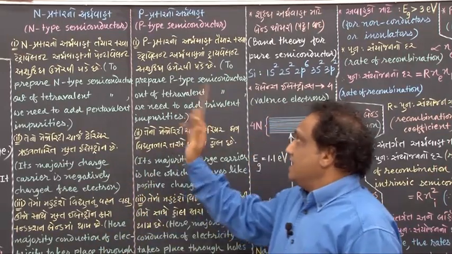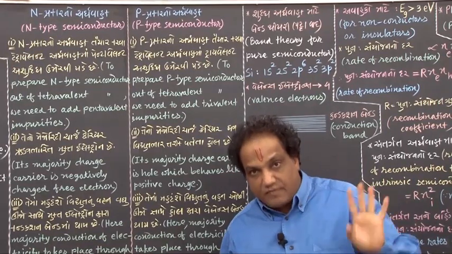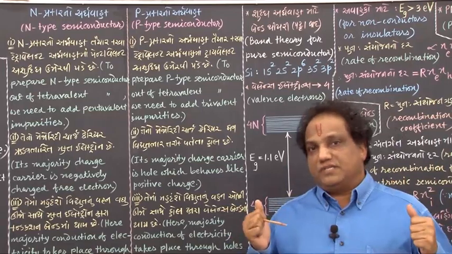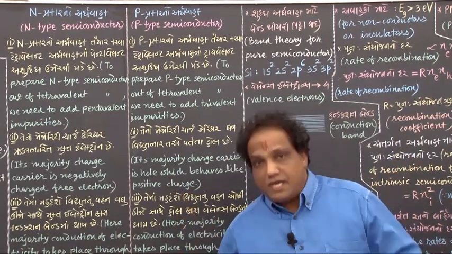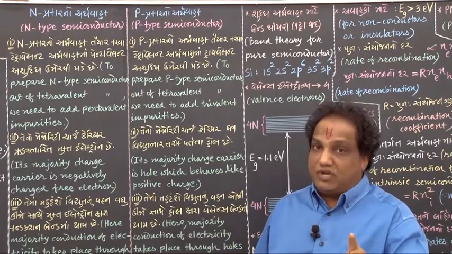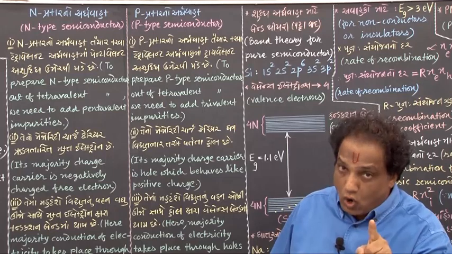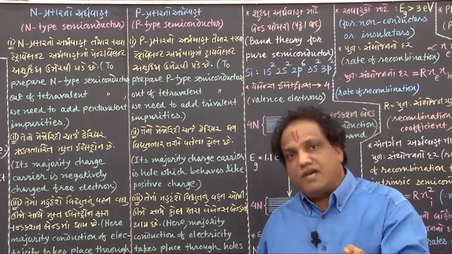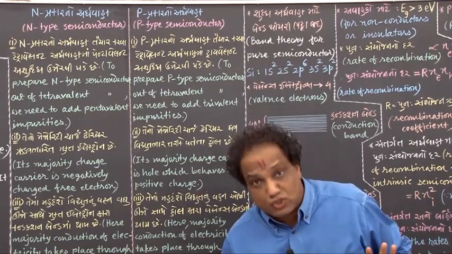Fine. And here, to prepare P-type semiconductor out of tetravalent semiconductor, we need to add trivalent impurities, correct? Like aluminum, gallium, indium, correct? And because trivalent impurities have, in one of the surrounding bonds, a hole, and hole has a tendency to accept electron, that's why we call these trivalent impurities as acceptor impurities also.